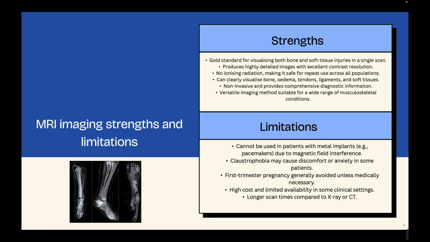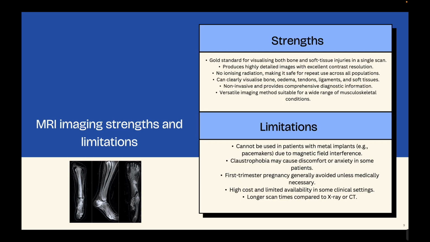The MRI's strong magnetic field causes these protons to absorb energy, and as they return to their original state of relaxation, they emit a radio frequency signal that is detected by the scanner. This process generates highly detailed images without using ionizing radiation, making MRI safe for repeated use across all populations.